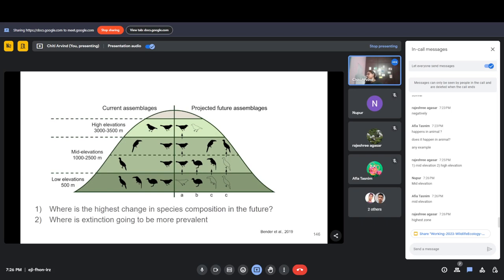So think about this. Where is the most change happening? In the highest zone. Is that what everybody agrees on? Mid, okay. Extinction is prevalent in the highest zone. Okay.